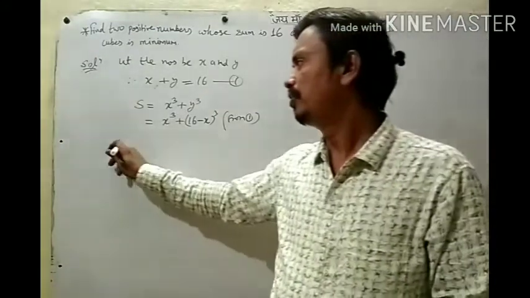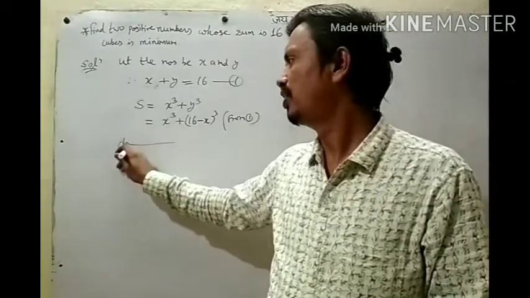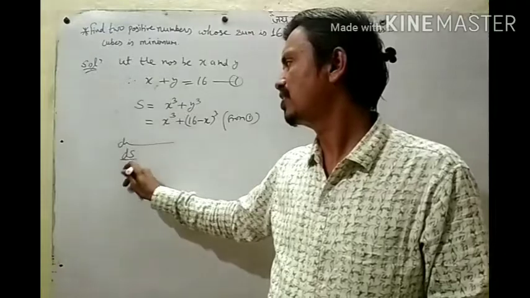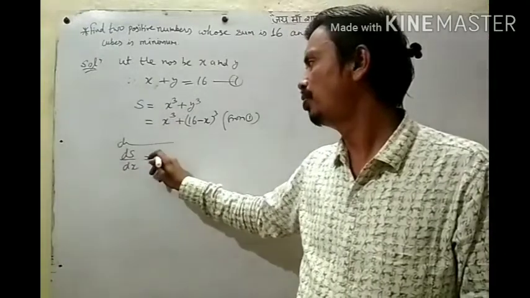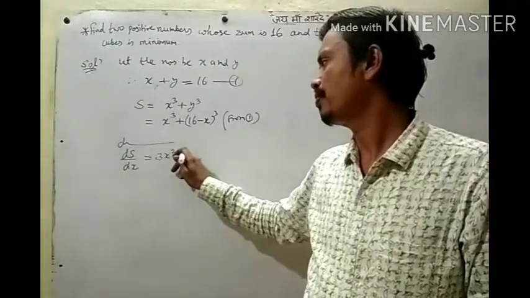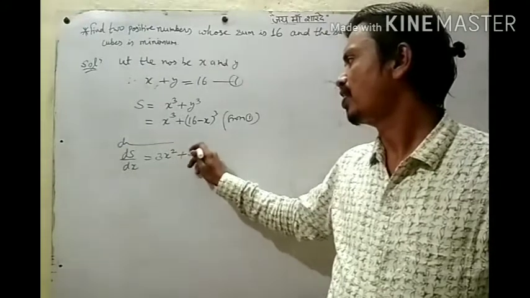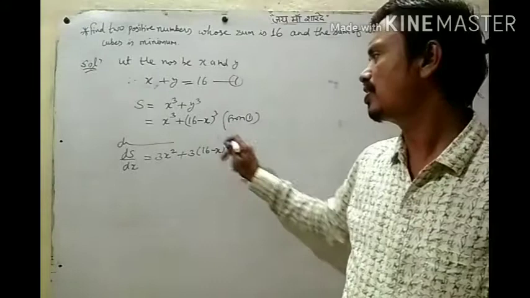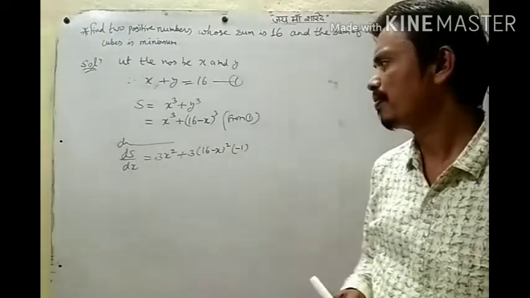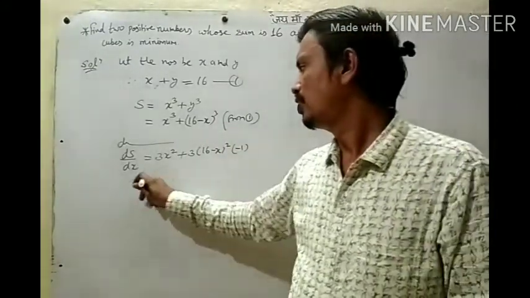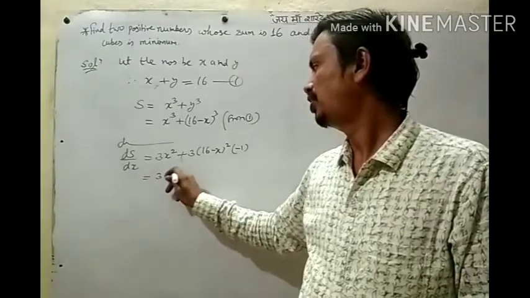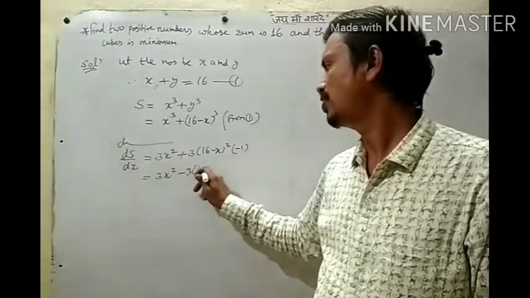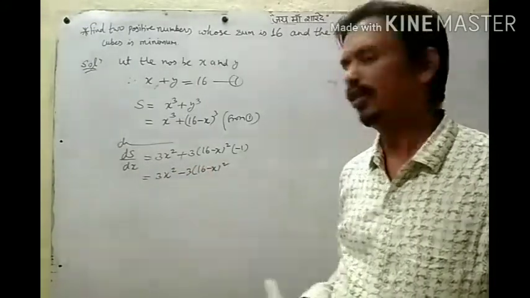So differentiating, we get dS by dx equal to 3x square plus 3 times 16 minus x square, and again differentiating 16 minus x gives minus 1. Check. So it is 3x square minus 3 times 16 minus x square.